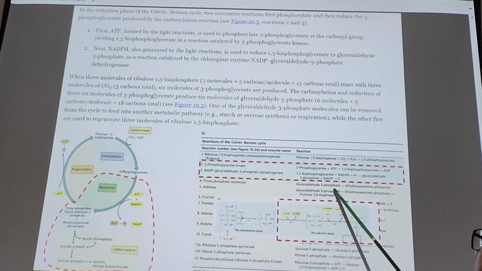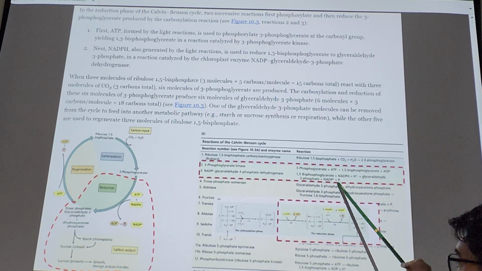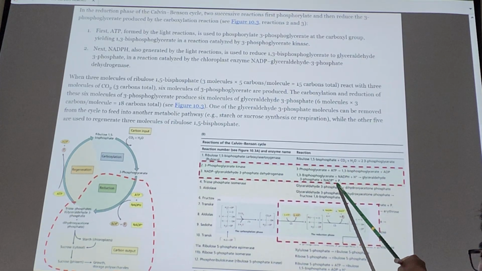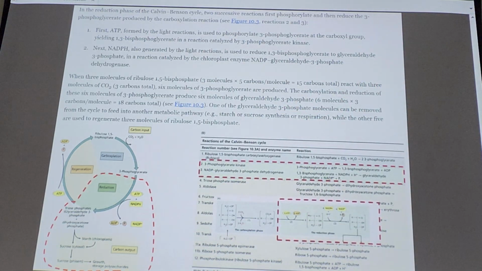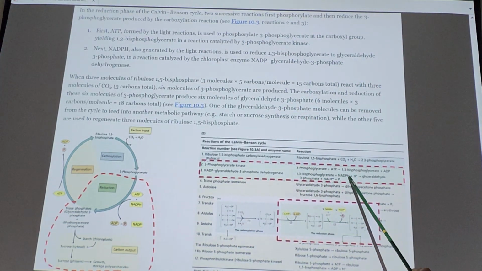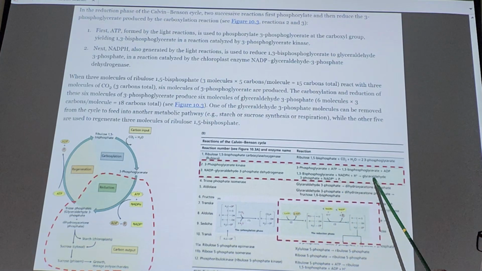That's why at the end here, you get NADP plus inorganic phosphate. A phosphate group is released from the 1,3-bisphosphoglycerate. Why does it have to be removed? If it is not removed, how can it receive extra hydrogen? Right. That gets removed.